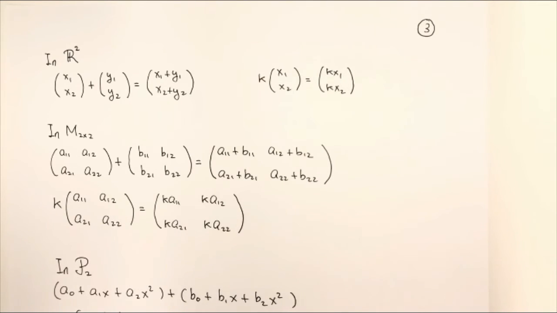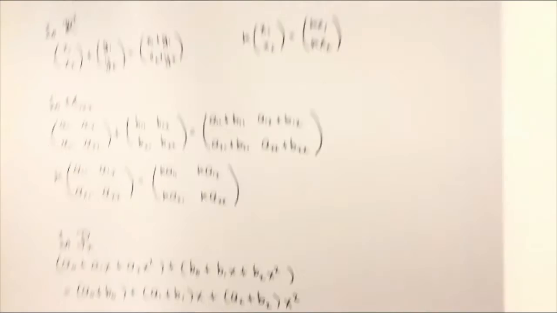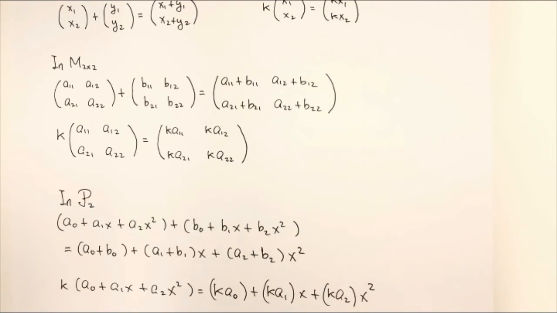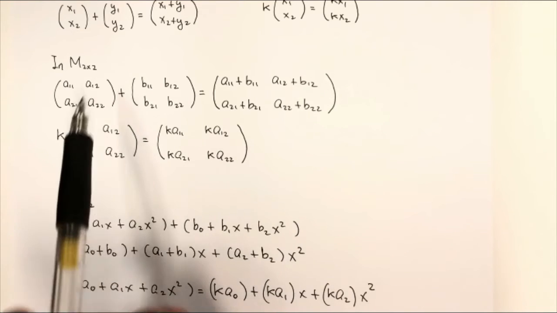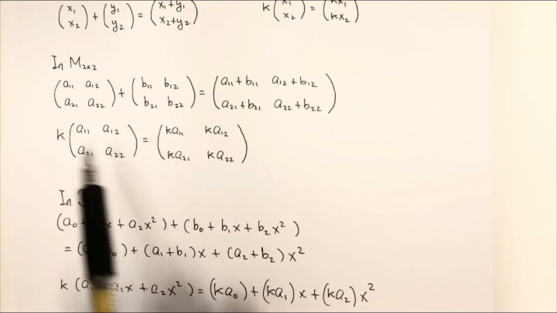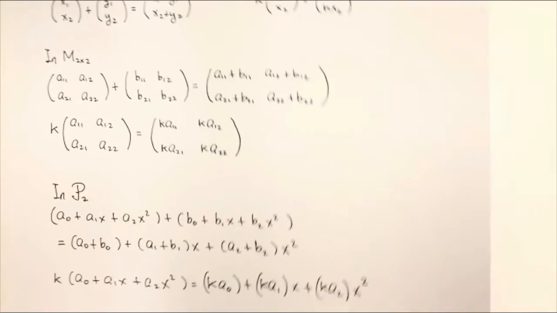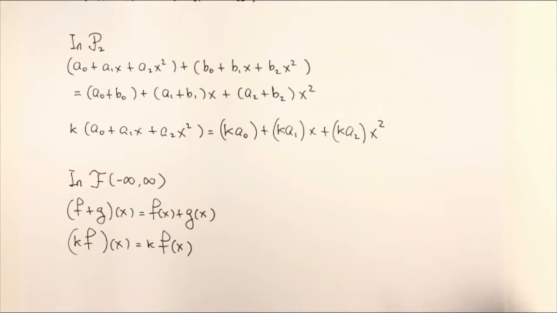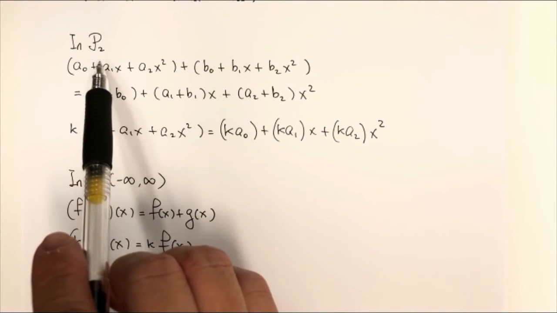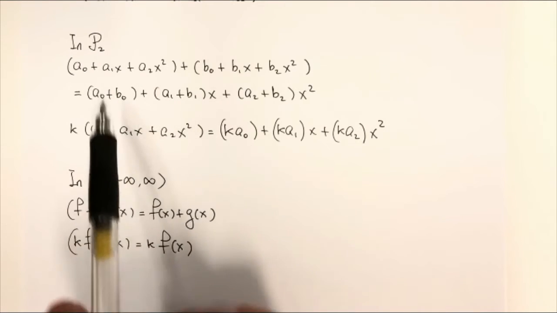But we have also seen that many other systems also have similar properties. For example, in the space of 2 by 2 matrices, we can also add matrices together. We can also multiply a matrix with a scalar like this. Not only that, in the space of polynomials, in this case polynomials of degree at most 2, you can also add polynomials together like this.